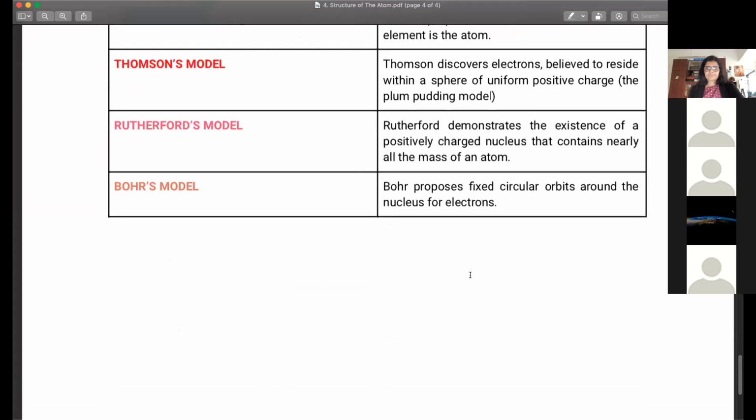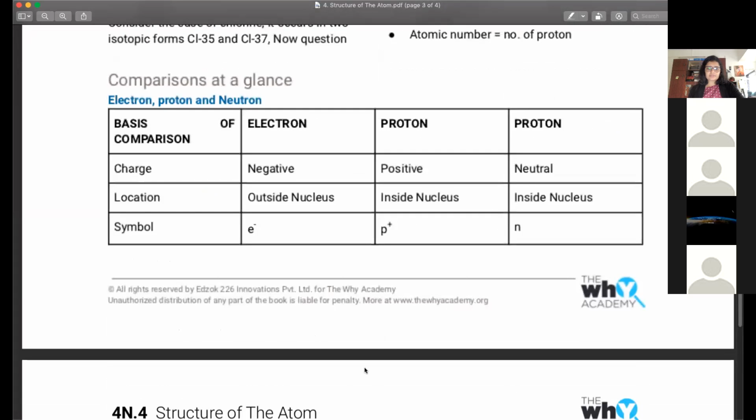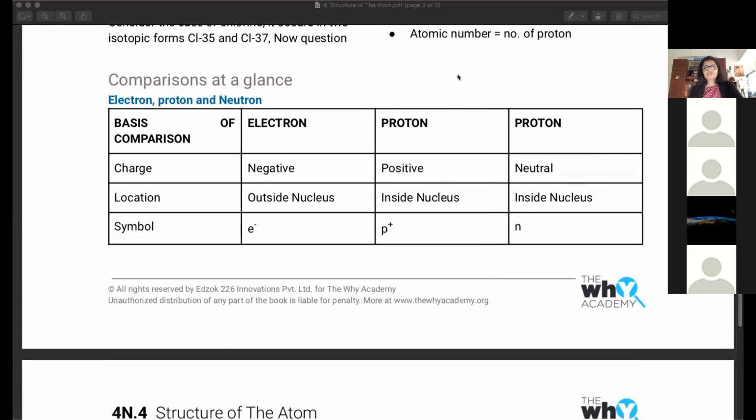Cool. That's all. Before we go to questions, I want to show you guys a fun video. Let me just open it up. Remember last class I was mentioning I'll show you a video about figuring out the size of an atom.